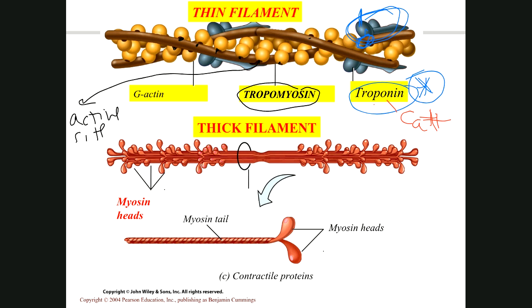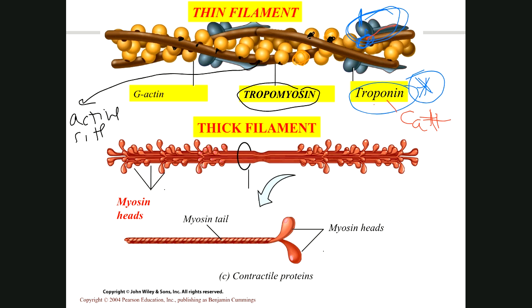And this is the reason why calcium is needed. Calcium is going to bind to troponin. When calcium binds to troponin, troponin changes its shape, it moves. When it moves, it drags with it tropomyosin. And tropomyosin now moves out of the way, and the active sites of actin are now exposed, are now free.